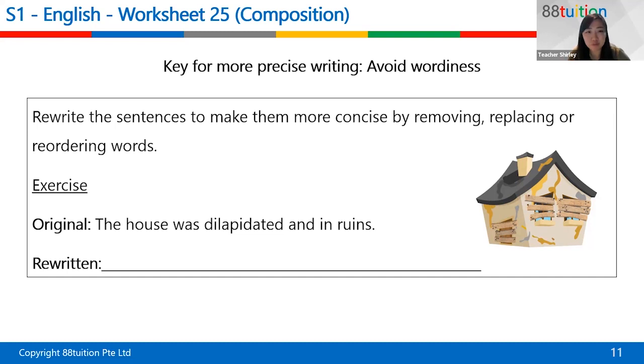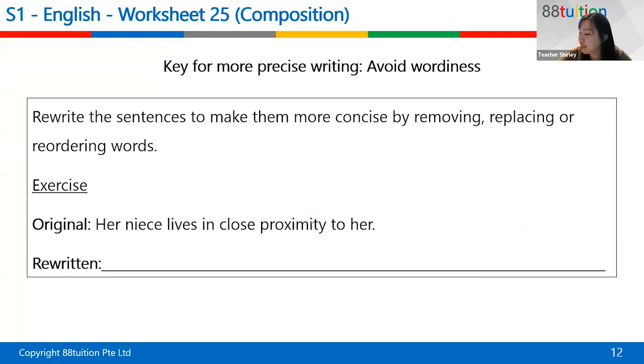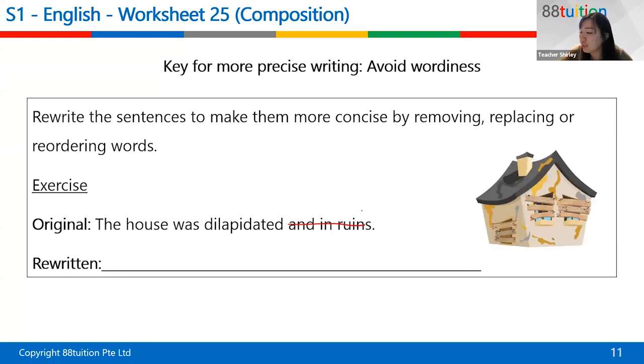Okay, but I'll very much appreciate if you can speak up. Someone typed in the chat. Let me have a look. The house was dilapidated. Very good, Galvin. Okay. In ruins basically means dilapidated, so there's no need to repeat. Redundant, right? So just write the house was dilapidated.